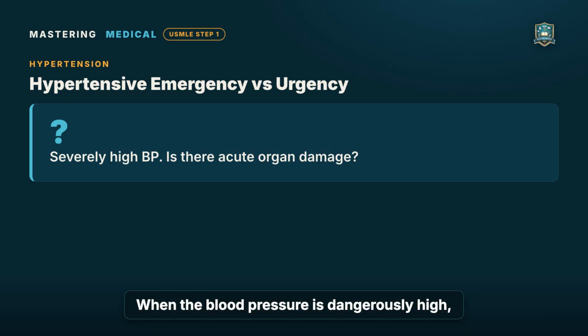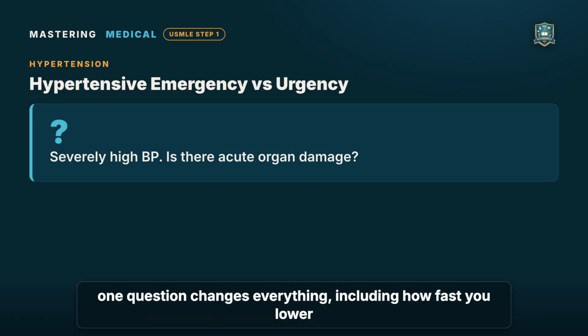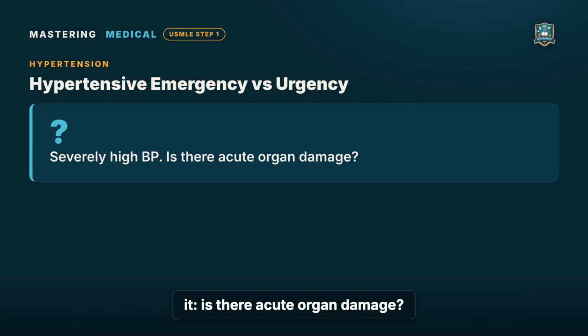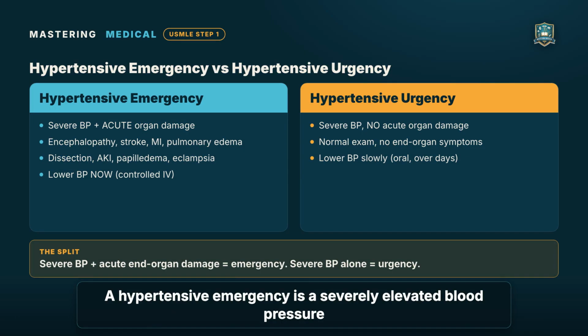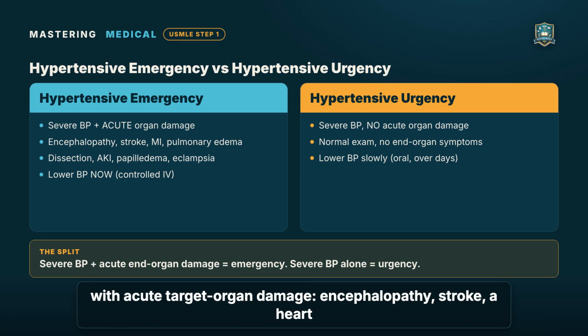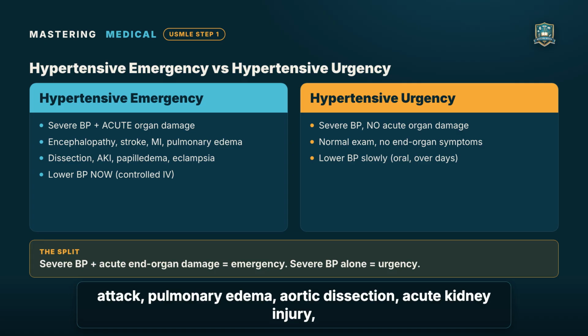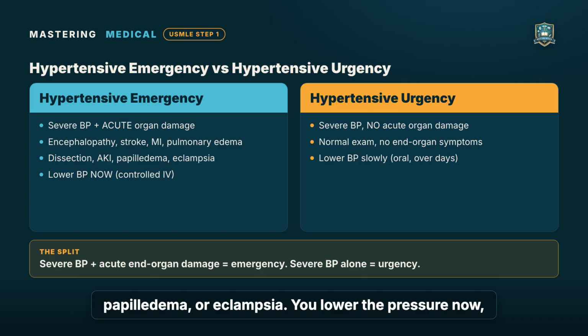When the blood pressure is dangerously high, one question changes everything, including how fast you lower it. Is there acute organ damage? A hypertensive emergency is a severely elevated blood pressure with acute target organ damage: encephalopathy, stroke, a heart attack, pulmonary edema, aortic dissection, acute kidney injury, papilledema, or eclampsia.